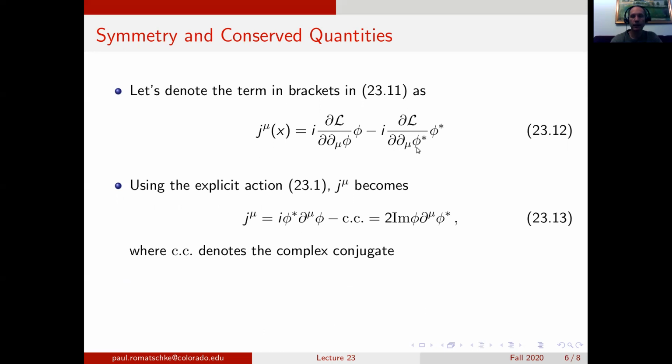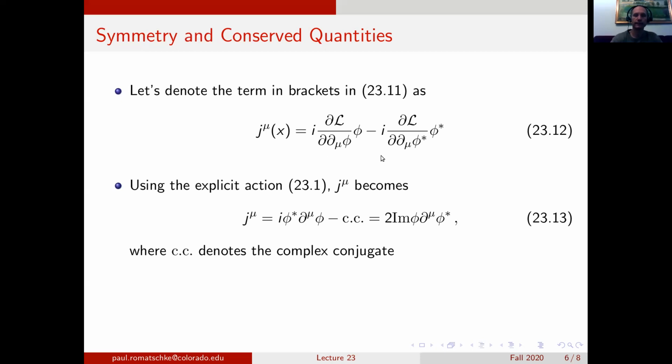We can calculate this relation here explicitly by plugging again the explicit action or the explicit Lagrangian into this formula, and we find that j mu for the complex scalar field is given as i times phi star, derivative on phi, minus the complex conjugate. So that would be minus i phi d mu phi star. And that's the same as twice the imaginary part of phi d mu phi star.